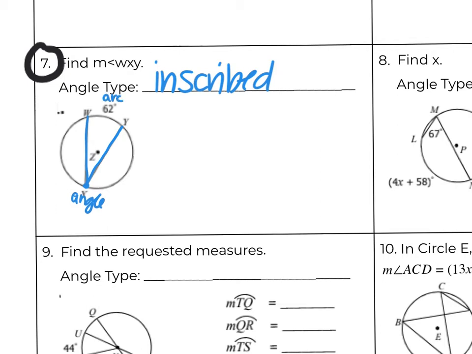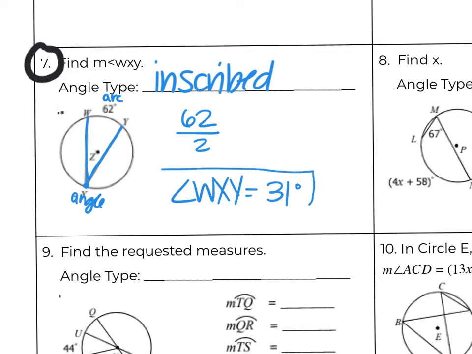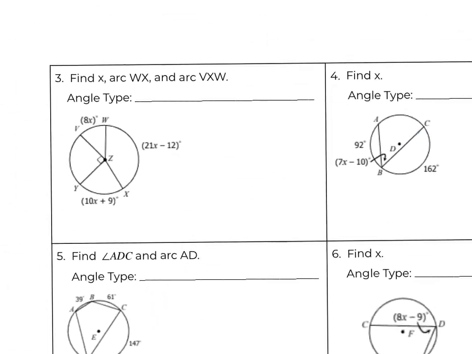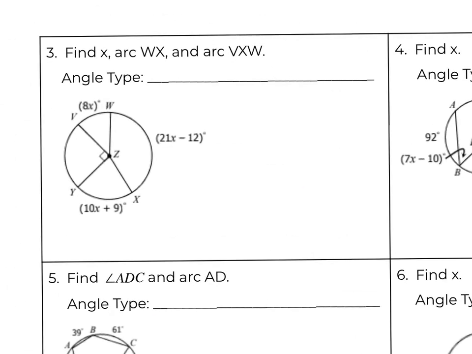If you have the arc, how do you get the angle? 62 divided by 2 gives you angle WXY equals 31 degrees. Once you can quickly recognize those and know whether to multiply by 2 or divide, those ones should be pretty quick. All right, I'm going to pop back up to the top here.